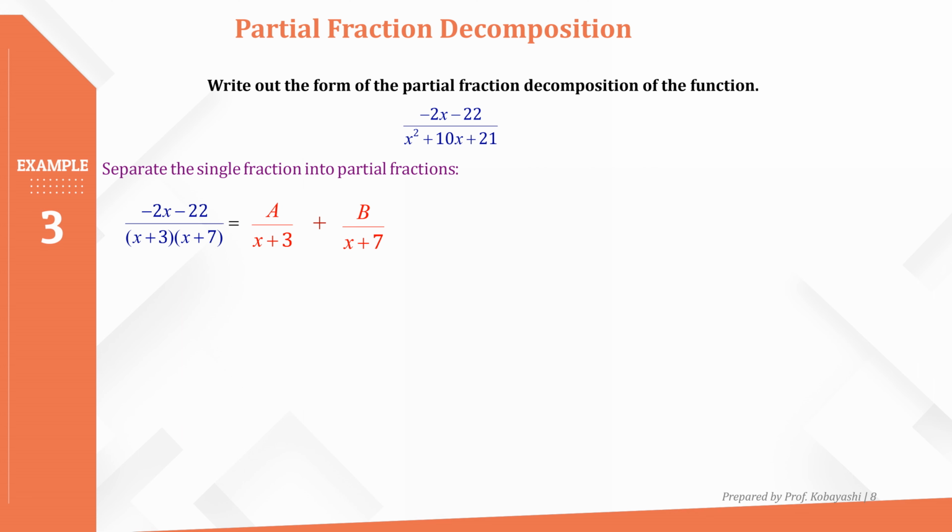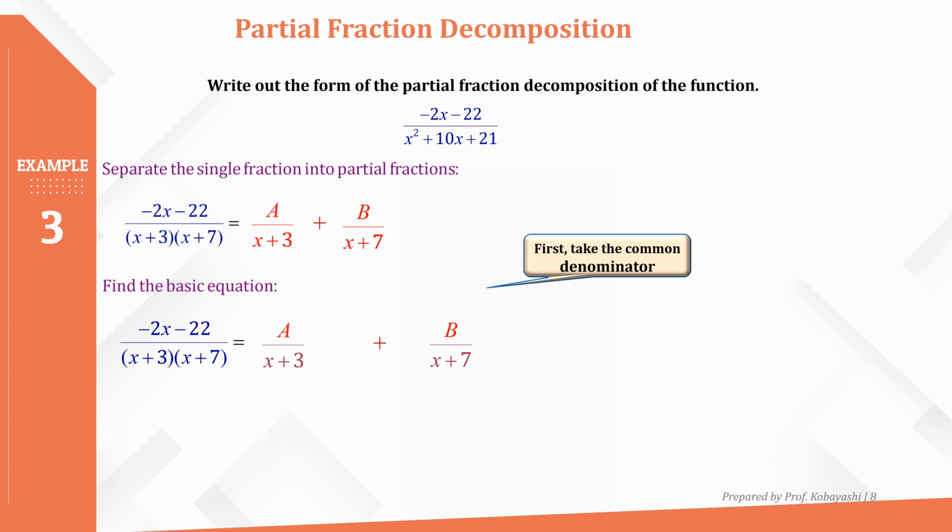Then we need to solve for unknown A and B. To do so, we need to create the basic equation. To begin, take the common denominator, which is the denominator of the original fraction. For the first term, we need to multiply the top and the bottom by x plus 7, and x plus 3 for the second fraction.